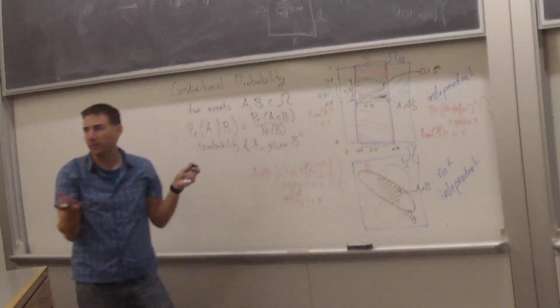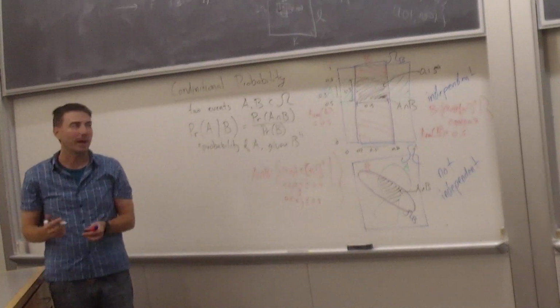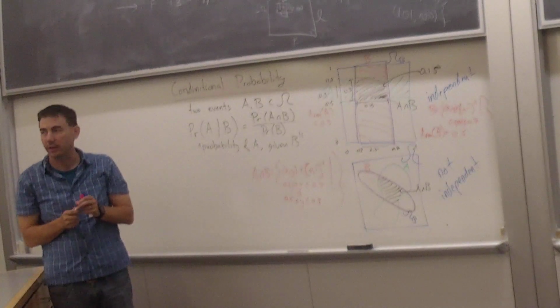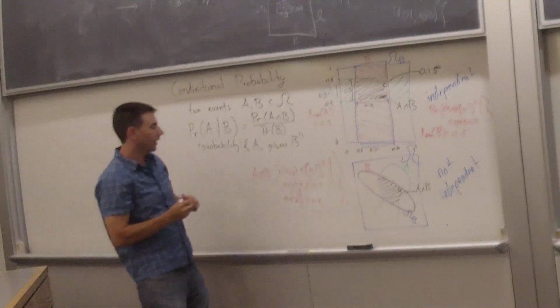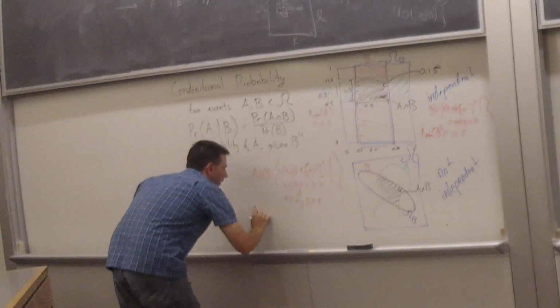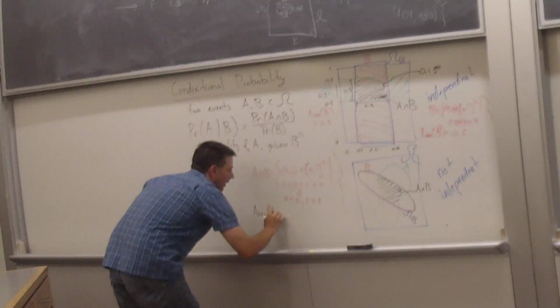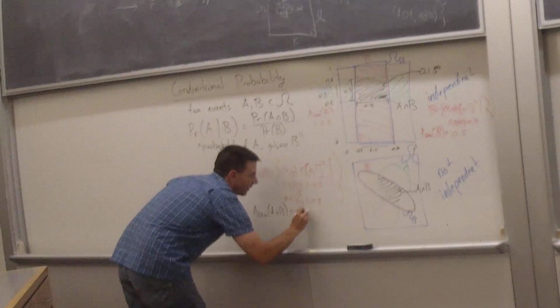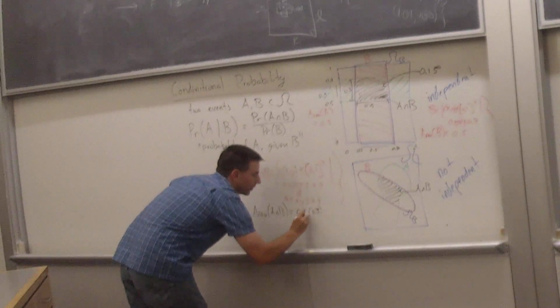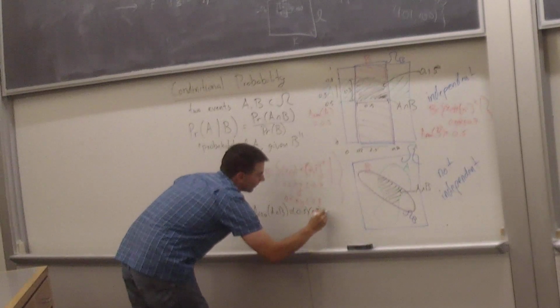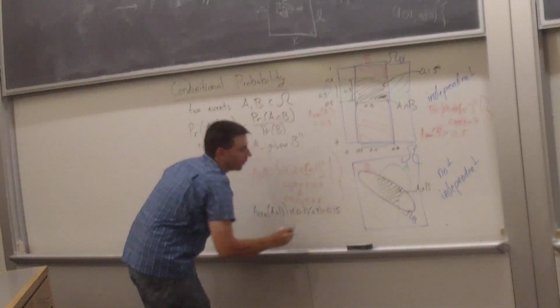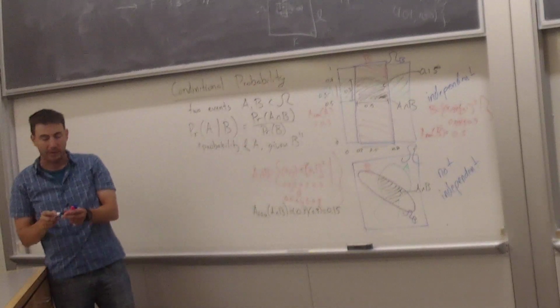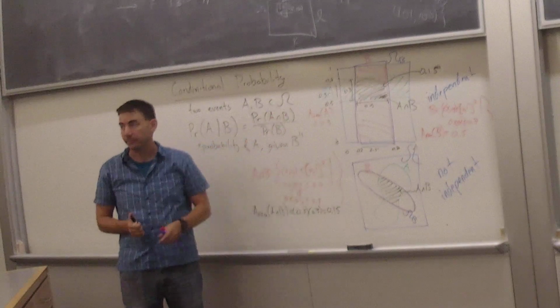I know the area of a rectangle is its height times its width, so the area of A intersection B is again 0.5 times 0.3, which is, as before, 0.15. And that corresponds with the probability.